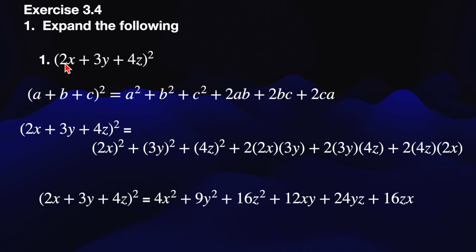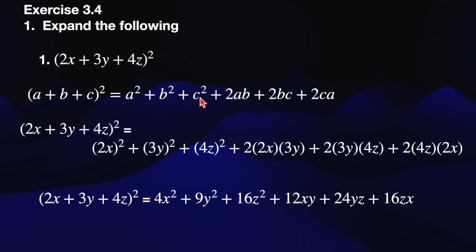What is a? 2x. b is 3y. c is 4z. So write down in place of a, 2x, so you get (2x) square. A square, in place of a we are writing 2x. b we are going to write 3y, so (3y) square.